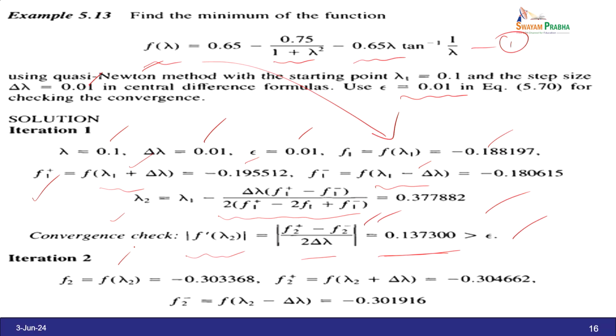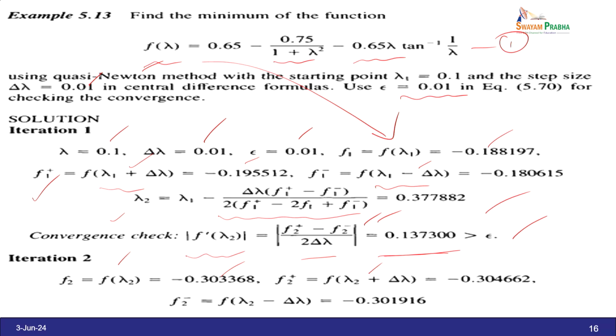F2 equal to f of lambda 2. So, f of lambda 2, we already found lambda 2, substitute in equation 1, we have minus 0.303368 will come. F2 plus stands for f of lambda 2 plus delta lambda.